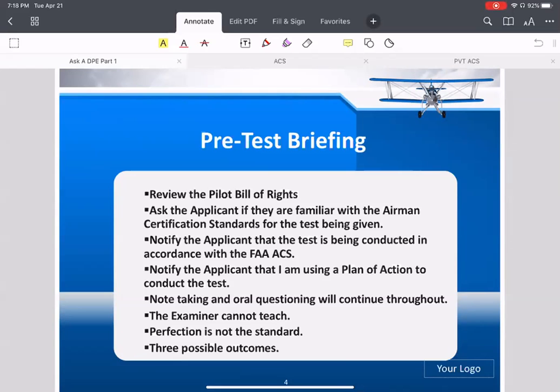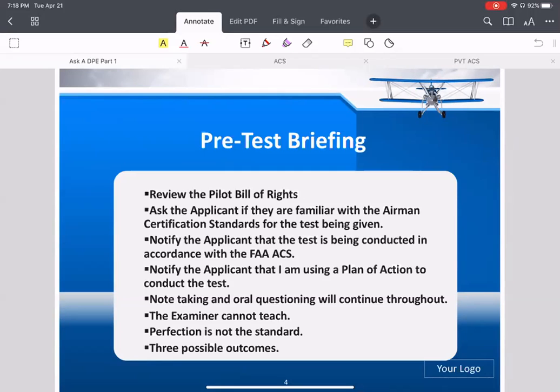So it is very important that the applicant understands all the information that's specified in the ACS as far as the expectation. And it is a very broad document, and it takes a while to get comfortable with it. But we do think that you need to maybe come up with an abbreviated version, or a flashcard version, where you know the basics of each maneuver.